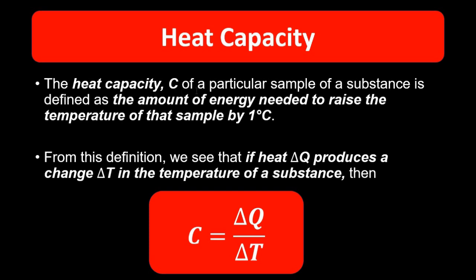The heat capacity, capital C, of a particular object or a particular sample of a substance or a material, whatever you call it, is defined as the amount of heat energy which is required to raise the temperature of that sample by 1 degree Celsius.